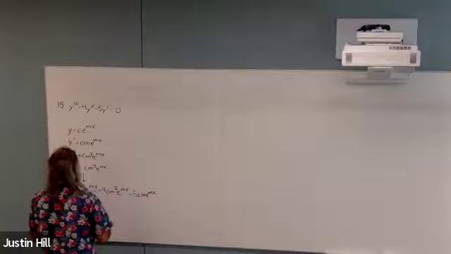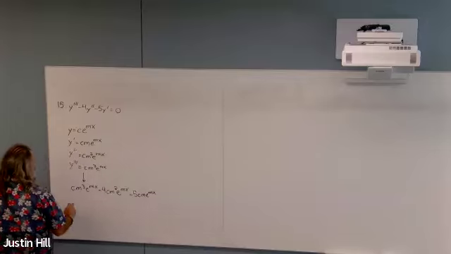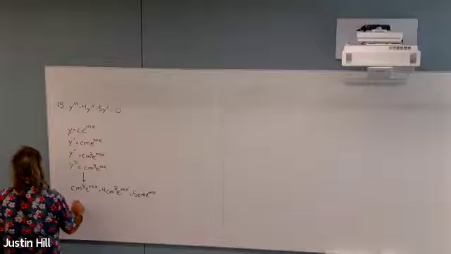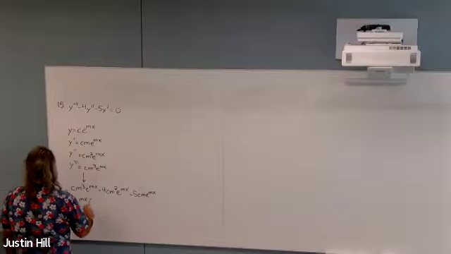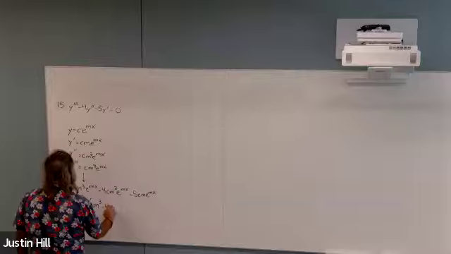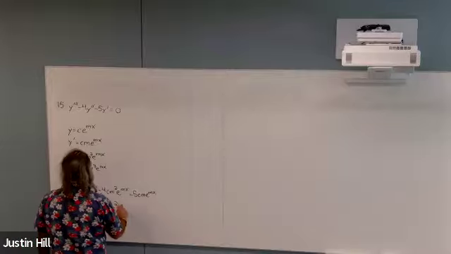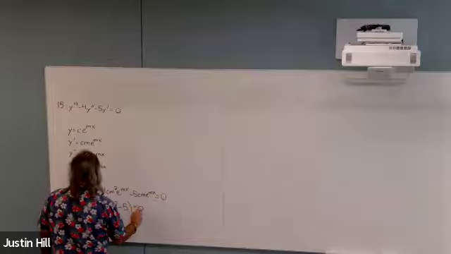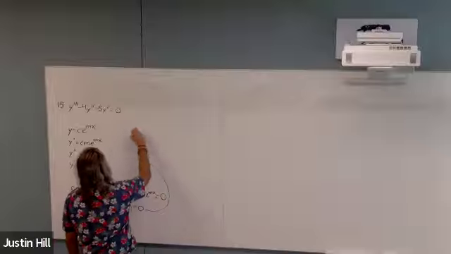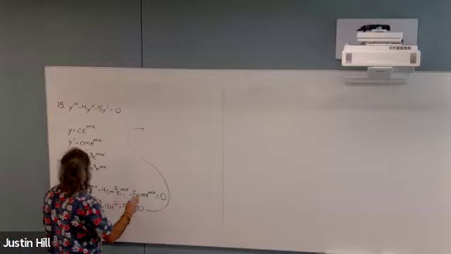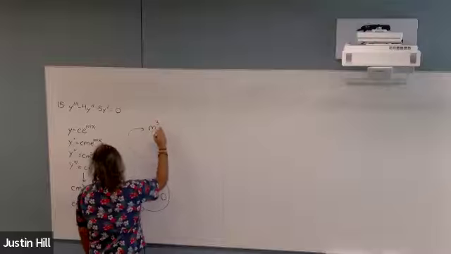Then we factor out a common factor, which is C e to the mx. That leaves us with m cubed plus 4m squared minus 5m. Sorry, this all equals 0. We know that C e to the mx can't equal 0, so the only thing that can equal 0 is this. So this is what we have to solve.